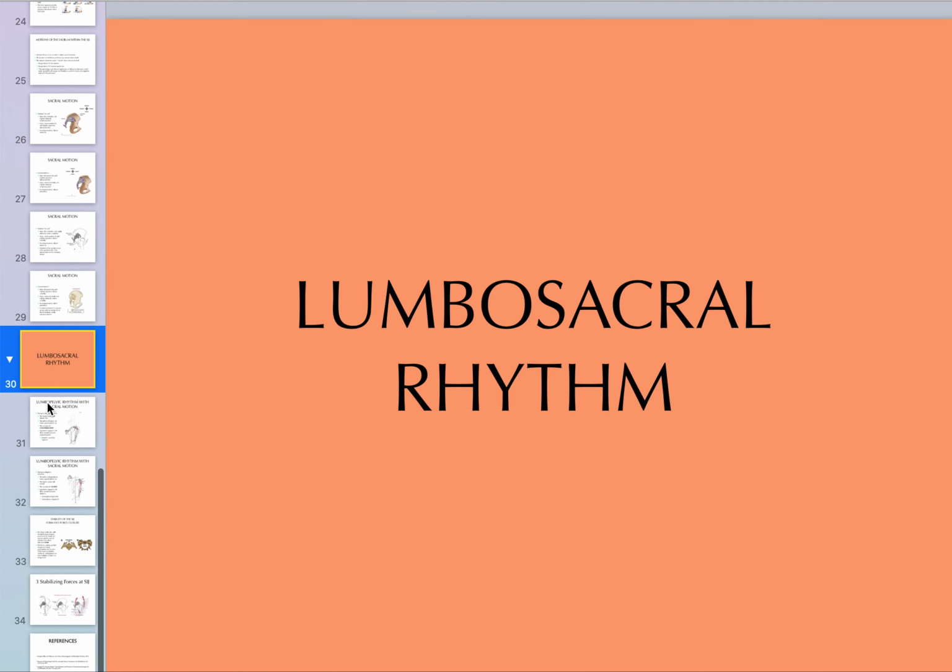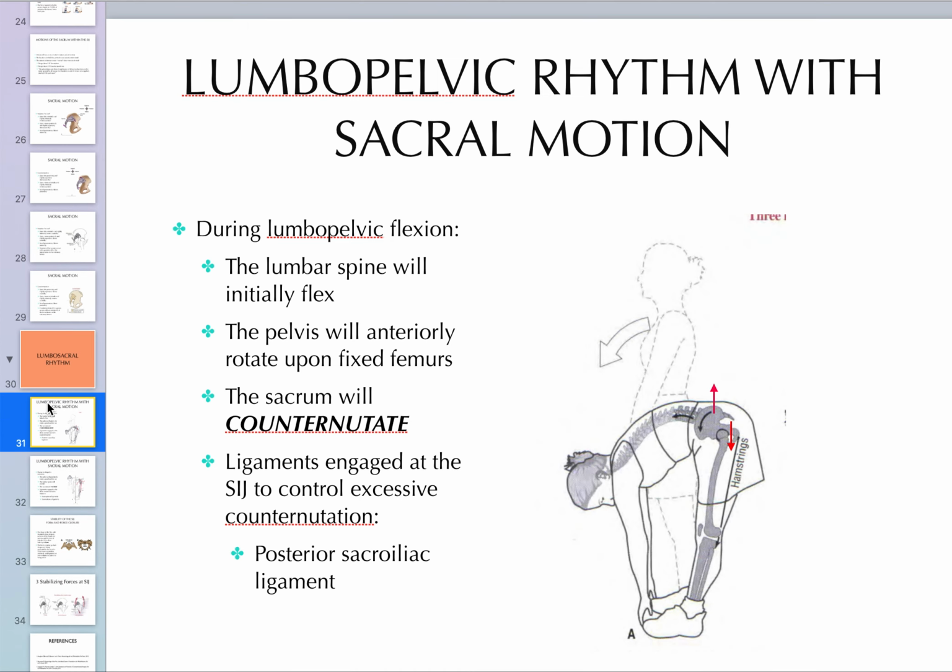So let's layer some knowledge on top of that. Lumbar-pelvic rhythm we mentioned in the lumbar spine. You guys remember how the spine goes forward into flexion. Then at some point we have the innominates following the spine and going into anterior rotation of the innominates.